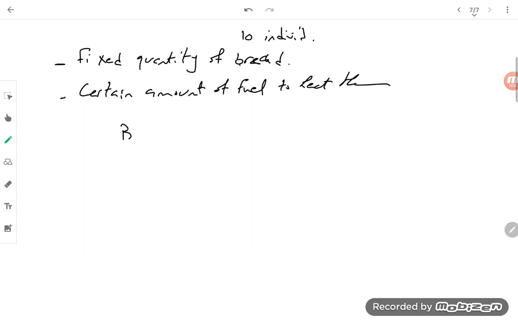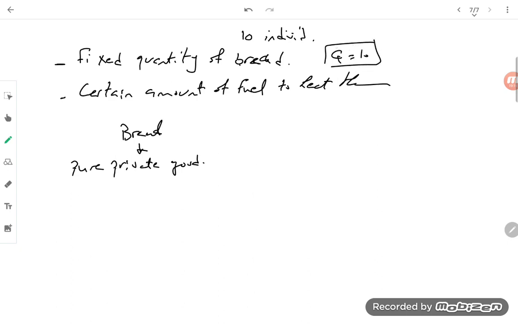The bread is a pure private good. Let's assume that this quantity is 10.